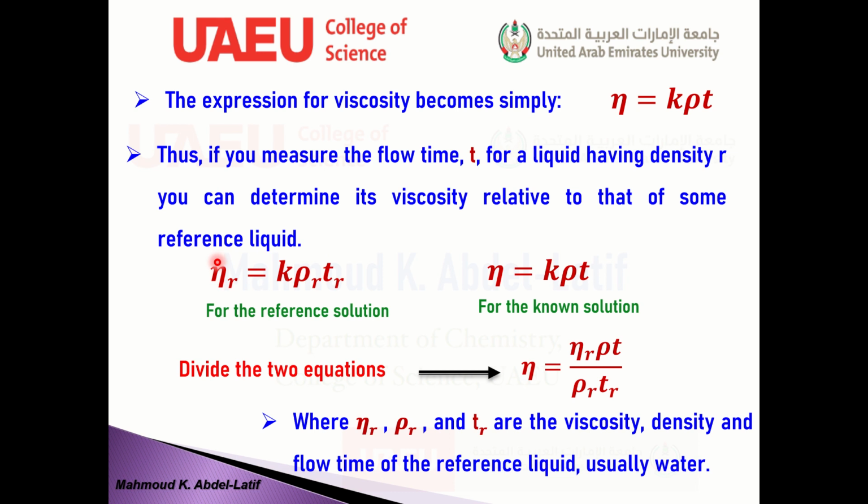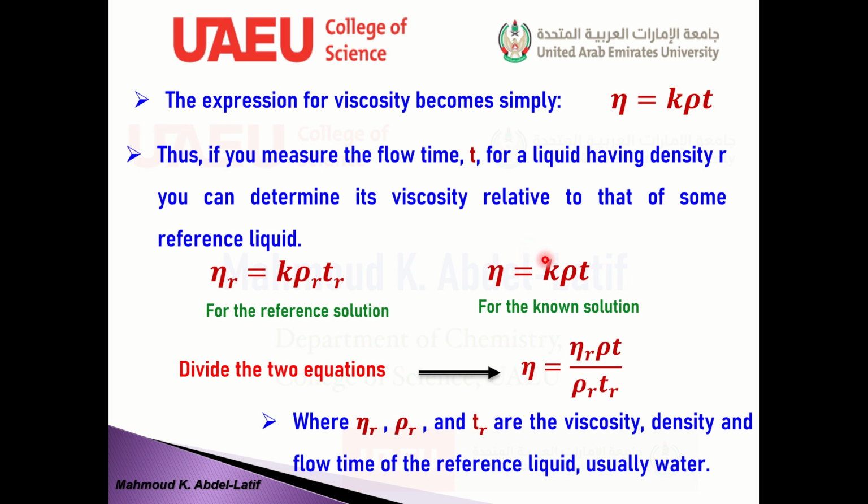So for the reference, subscript R, K is the constant characteristic of the capillary, rho is the density of water, and t is the flow time of water. For the solution we are going to determine, it has a different density and a different flow time. K is constant because we are going to use the same Ostwald viscometer.